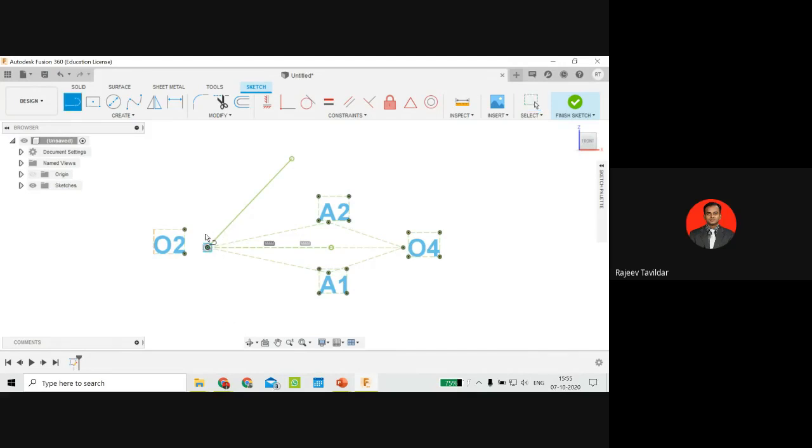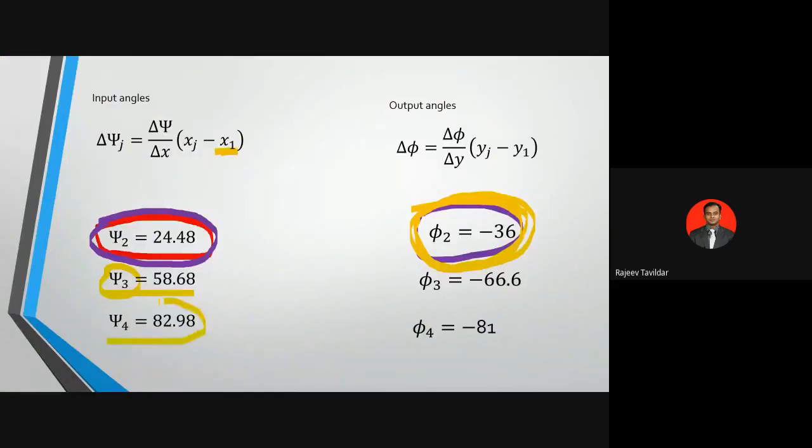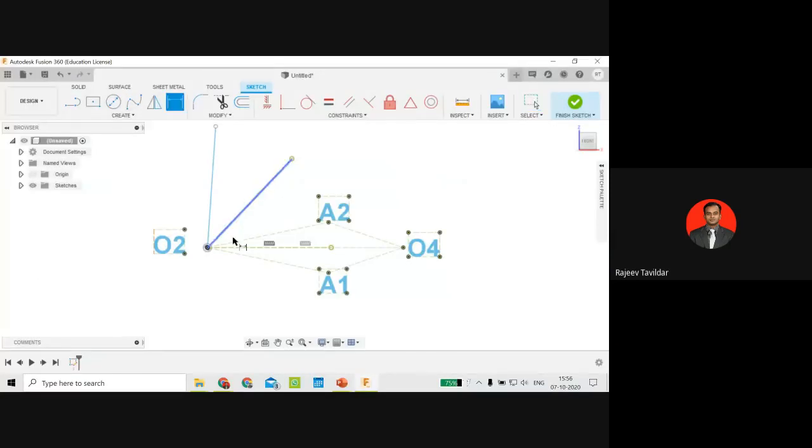Similarly, let me draw A4 also. Length is 50 mm, and the angle of the fourth link with respect to the first link will be 83 degrees. So the angle between the first input link and the fourth position input link should be how much? 83 degrees.